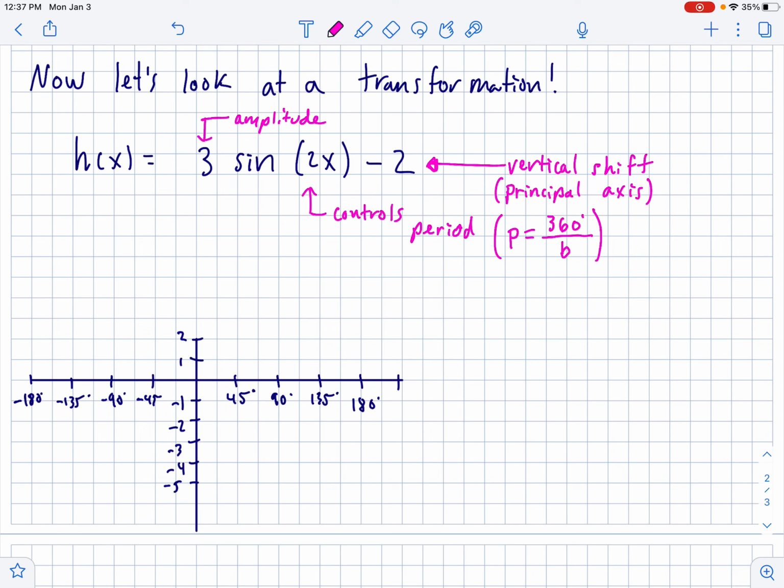Another way to think of this number right here is it's how many parent curves fit into 360. So if that number is 2, that means 2 full curves fit between 0 and 360. Therefore, one of them would just be from 0 to 180 degrees, which makes sense with this equation, where if you take 360 and divide it by that number, it tells you what the period is.